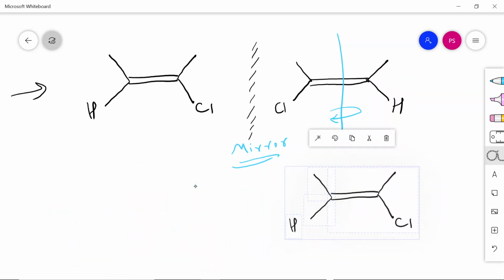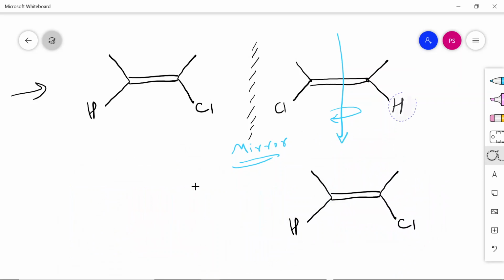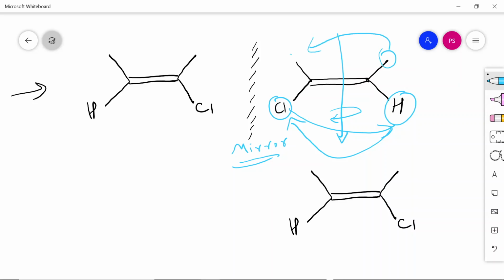After rotation you will get this molecule, because this hydrogen will go here and chlorine will go here. The methyl groups are also interchanged. We get here CH3, here CH3.